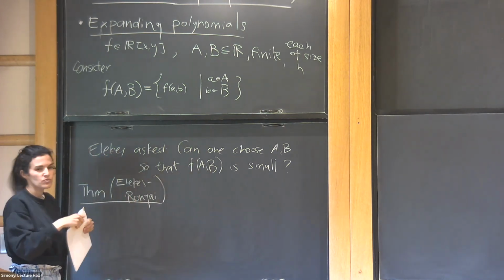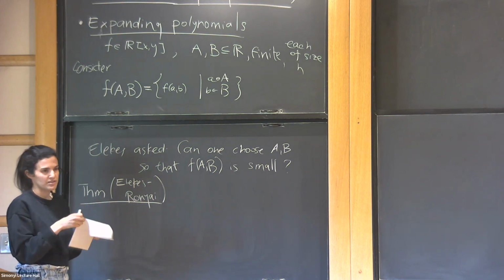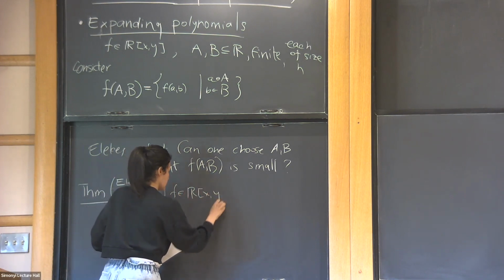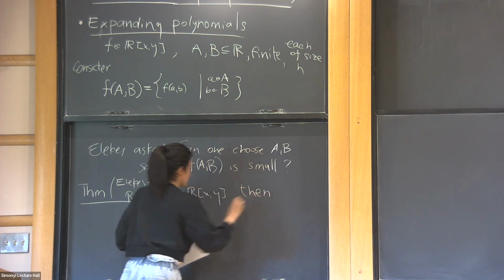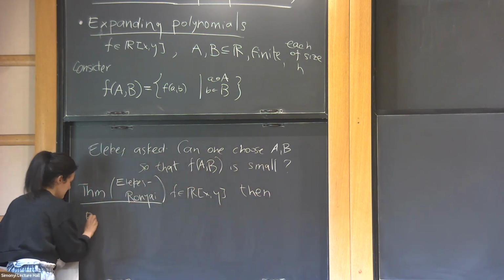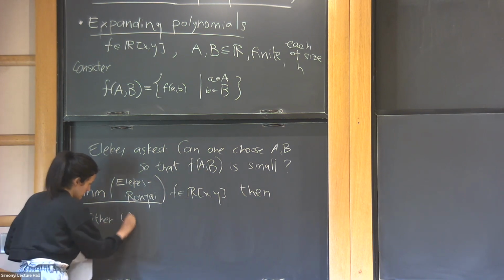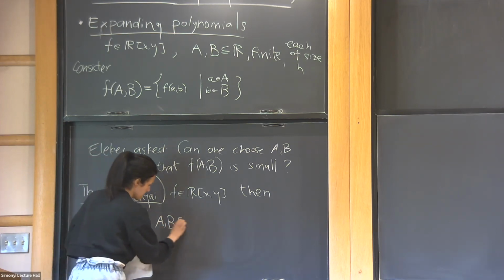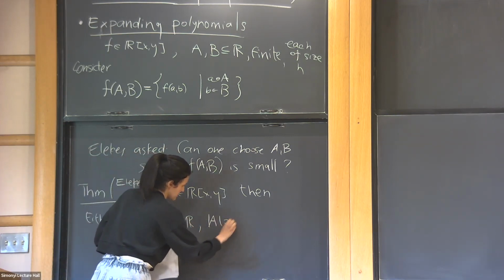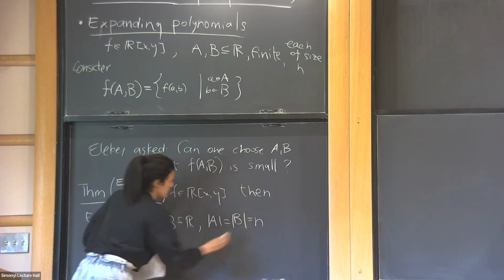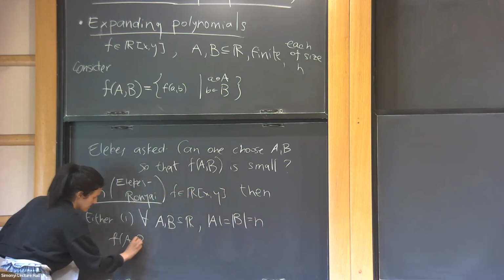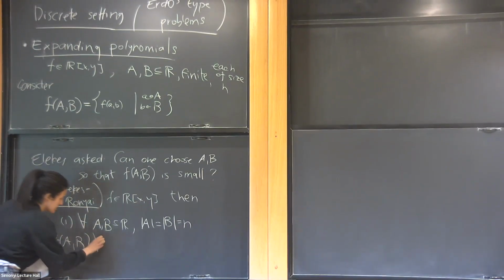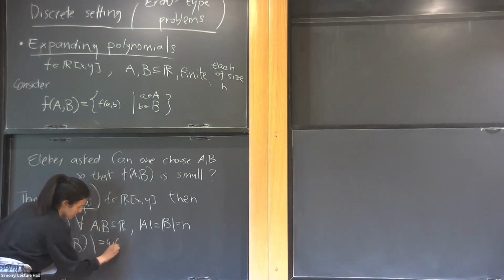What is small? Small would be linear in n. So let me write the statement. Let f be a polynomial. Then there are two options. Either for any choice of A and B, the image must be large. So what does it mean large? Elekes and Ronyai showed little omega of n.